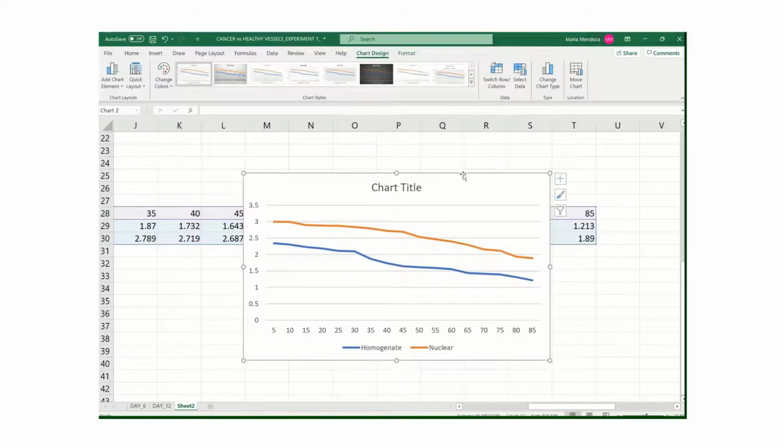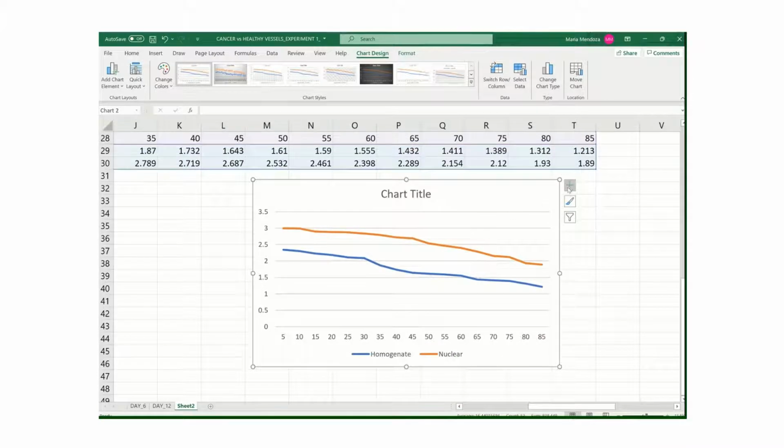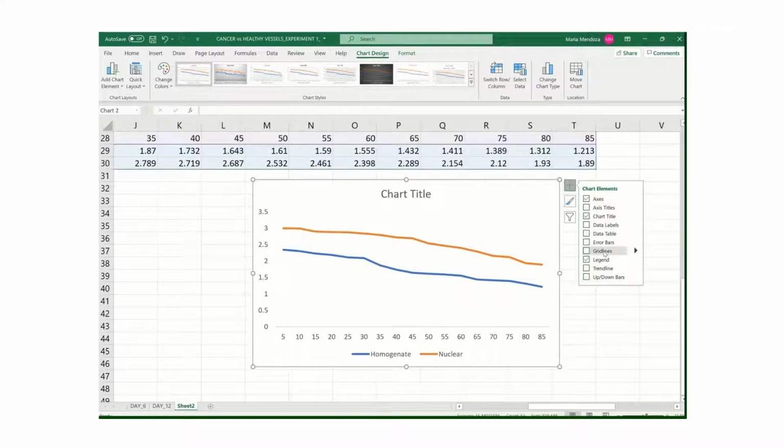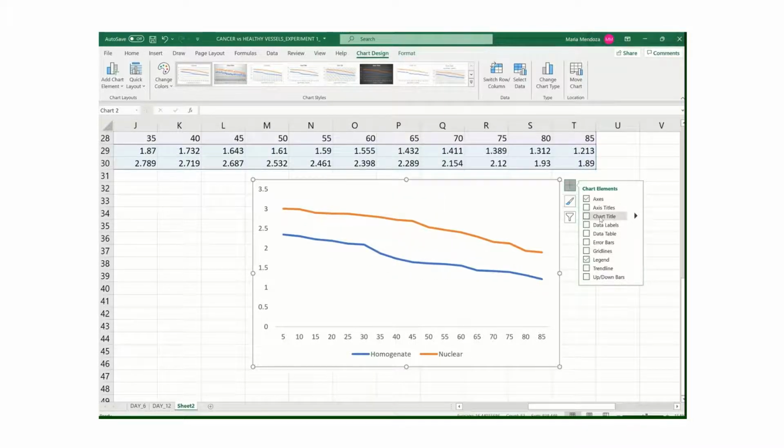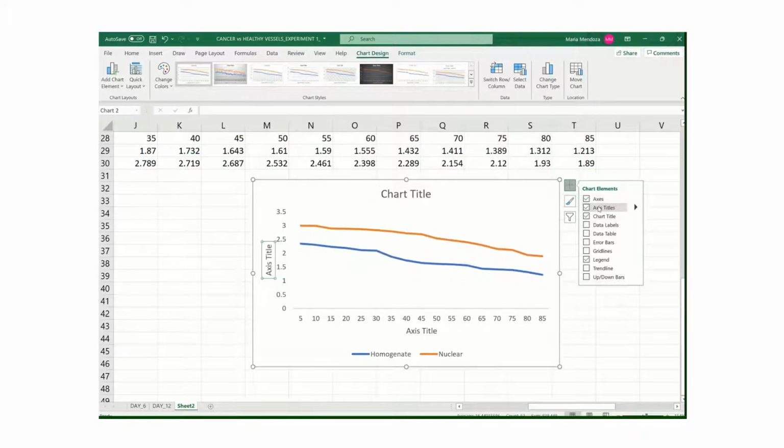Okay, so we've got our graph. And then we go to the plus icon. And we're going to remove the grid lines. And we're going to go ahead and add chart titles. Oops, chart title, axis titles.